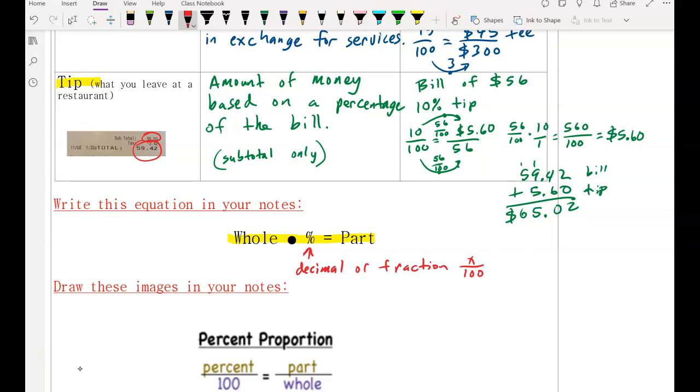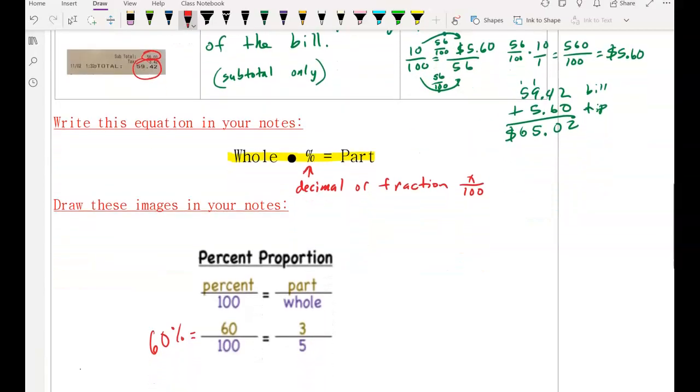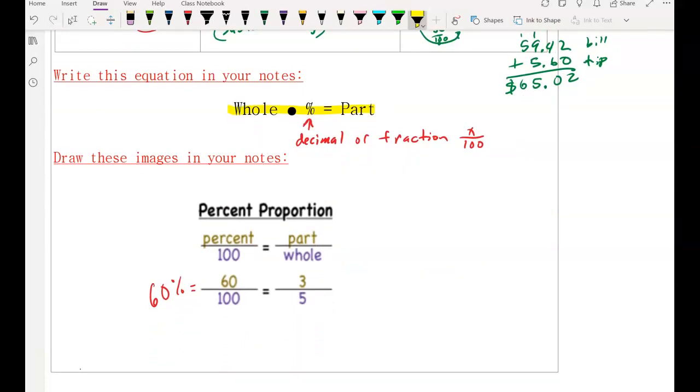Okay? And remember, we have percent proportions, and I want you to write this next thing down also. Percent proportions. Remember, the percent is always a percent out of 100.